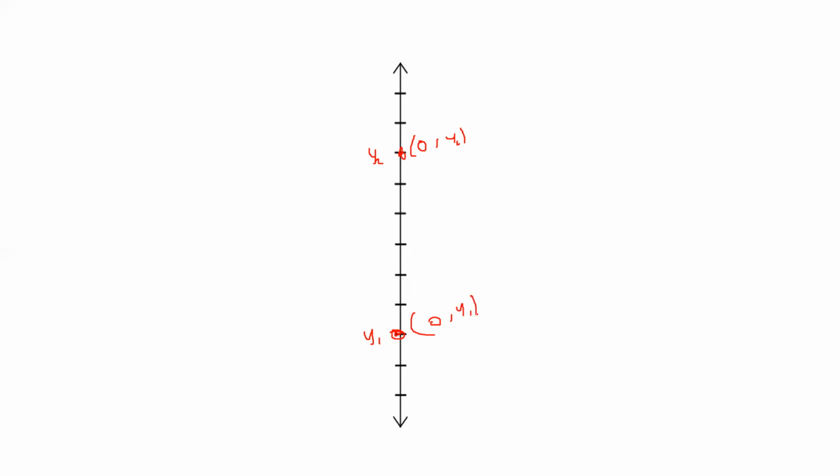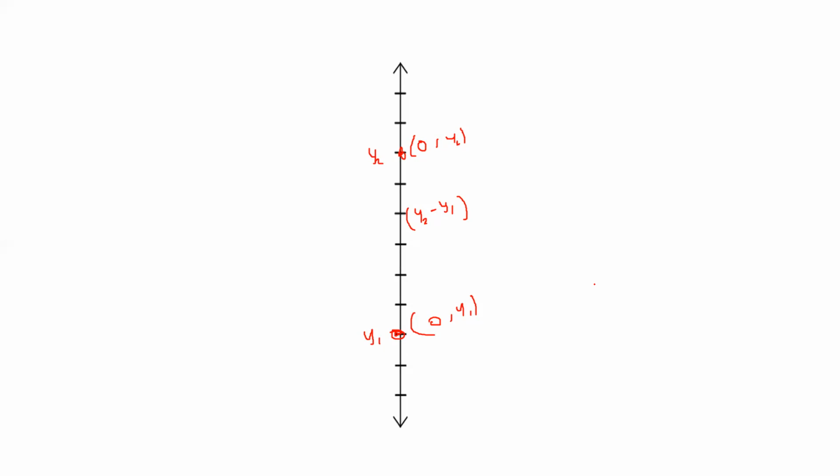Got it? Now let me find the difference between them: y2 minus y1. This is the statement I explained, the difference of the y-coordinates. So the horizontal distance is x2 minus x1, and the vertical distance is y2 minus y1.